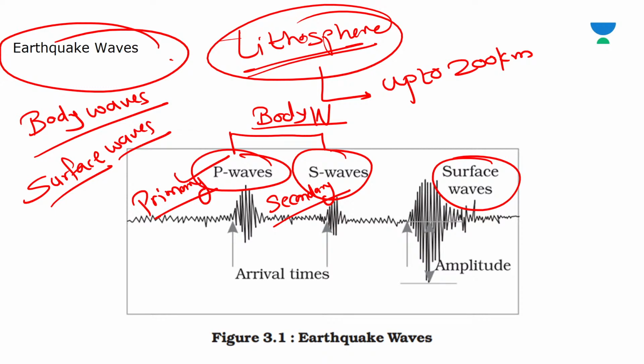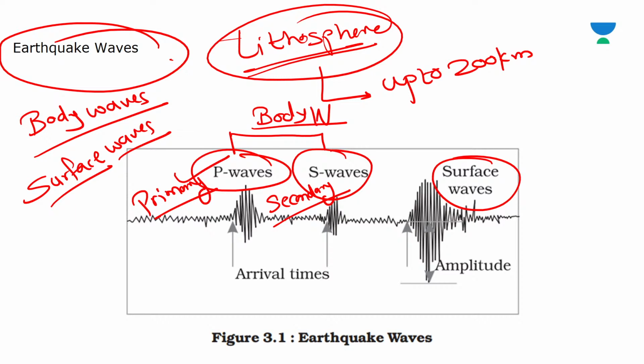So the statement is wrong. Now just remember that the secondary waves travel only through solid materials. This characteristic of the S wave is quite important. It has helped scientists understand the structure of the interior of the earth.